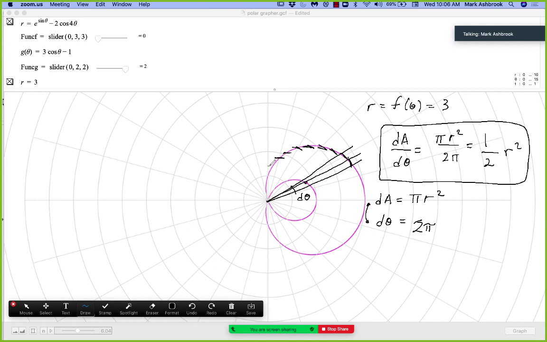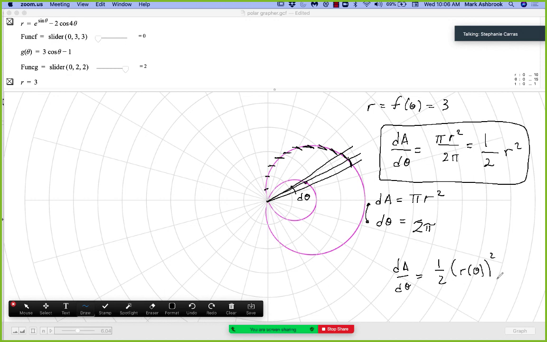Just like we had the little horizontal steps for dx's, now for d thetas I'm doing constant r values. So in each one of those little d thetas, I have this rate of change because r remains constant. So the rate of change is 1/2, whatever my function is, squared.